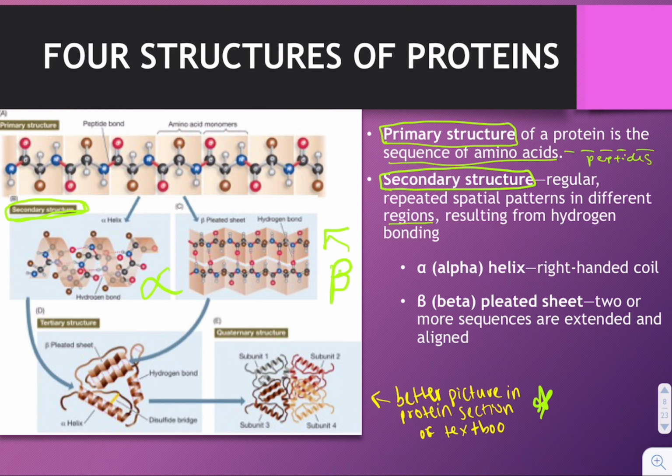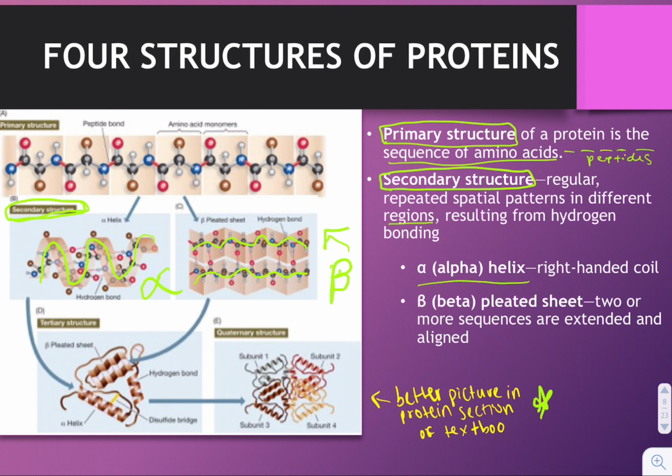Right, so you can see the alpha helix. What you got going on here is a spiral situation, kind of like DNA. We have the helix, right? It's a single helix. DNA is double. And then we have this beta sheet, and the way that it is on top of each other, just like a sheet, right? So the beta pleated sheet. So in this alpha helix, we have a right-handed coil, and we'll talk about this right-handed, left-handed business later.